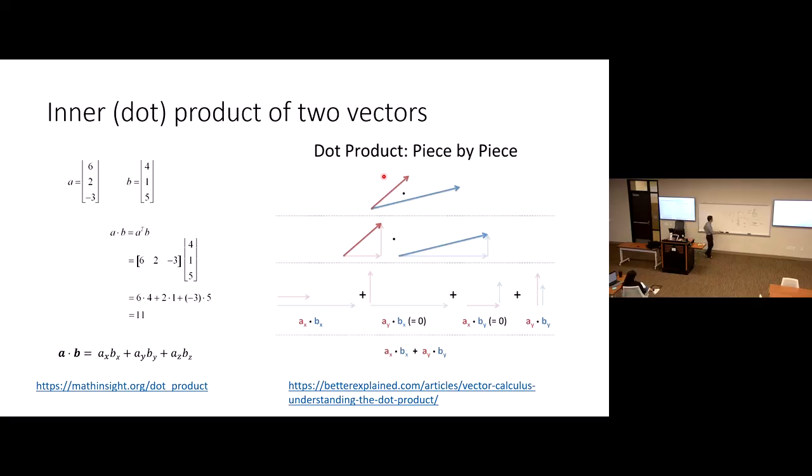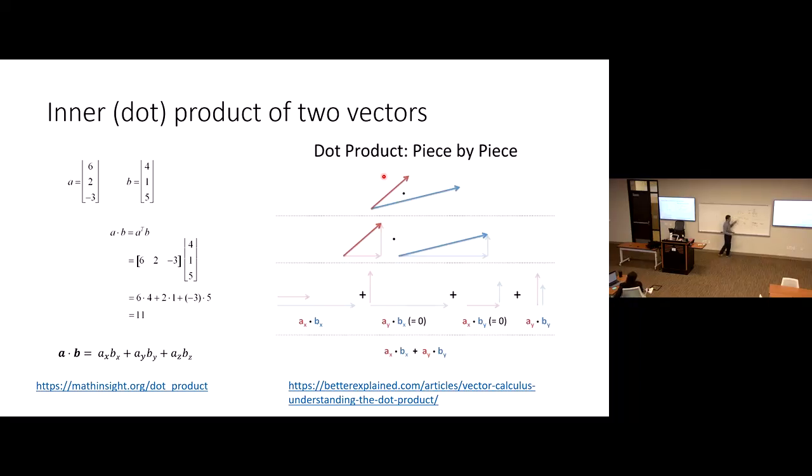We're doing this element by element. So if you do a dot product, you are doing xv times xu plus yv times yu plus zv times zu.